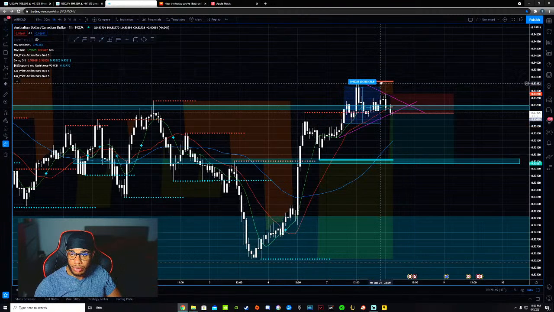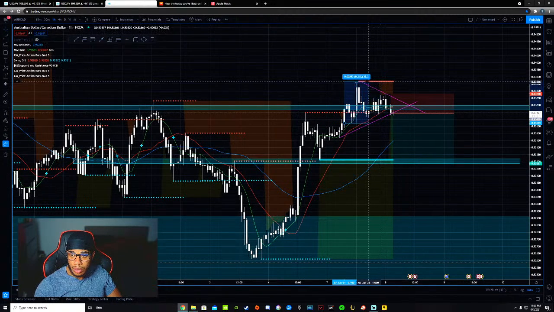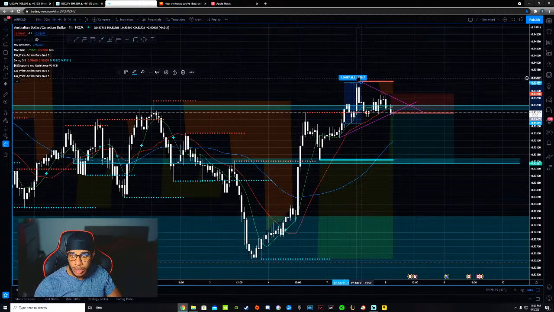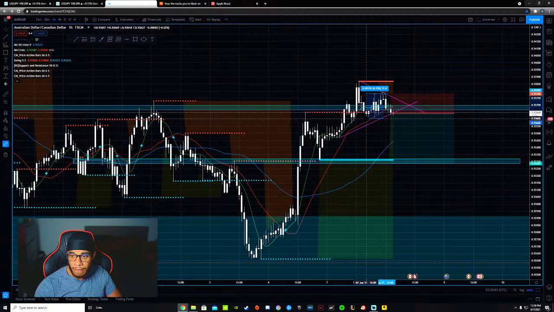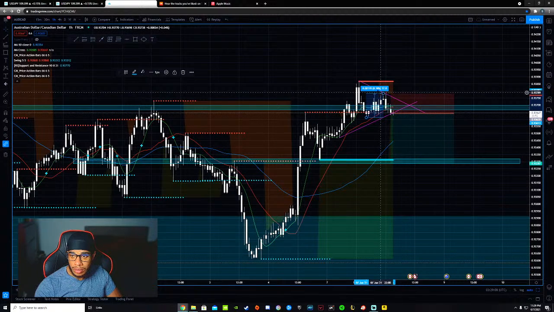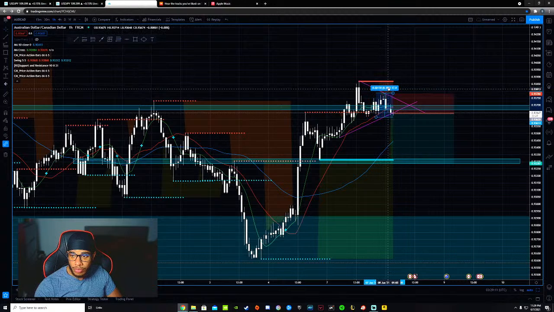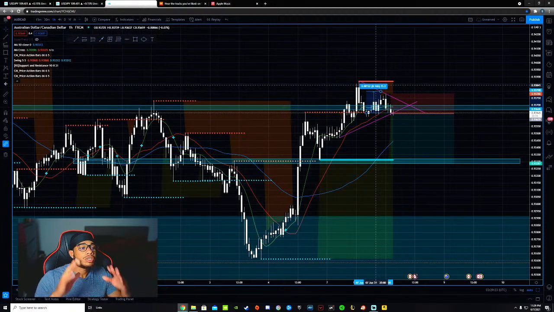From here to here, you see price has moved a total of 30 pips, 28.7 to be exact. From here to here, you can see that price has only moved 17 pips. Then if you go from current to there, you'll see price has only moved about 15 pips. So it's starting to lose momentum.